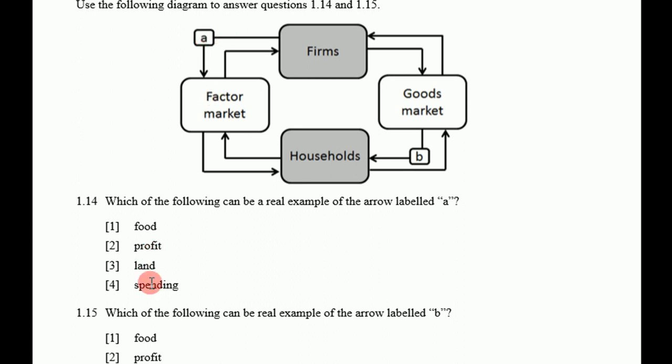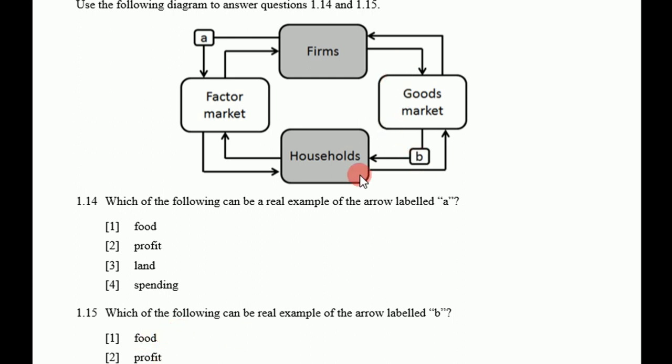Which of the following can be a real example of the arrow labeled B? Where is B here? Firms are selling goods to households, so it's a good. Food might be the correct answer here.